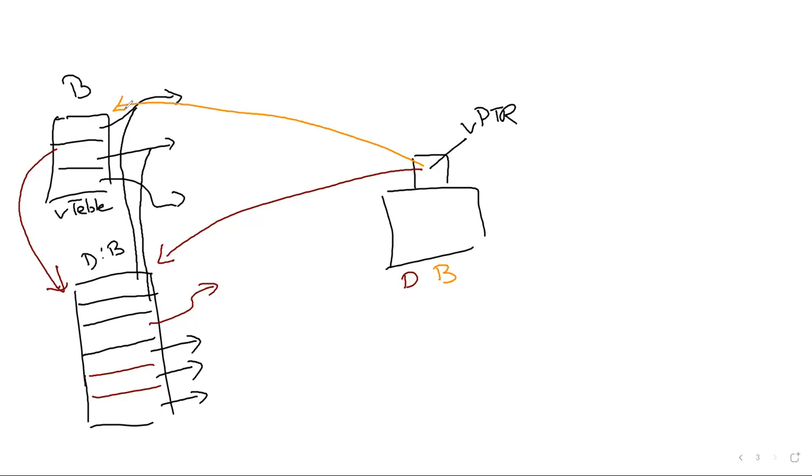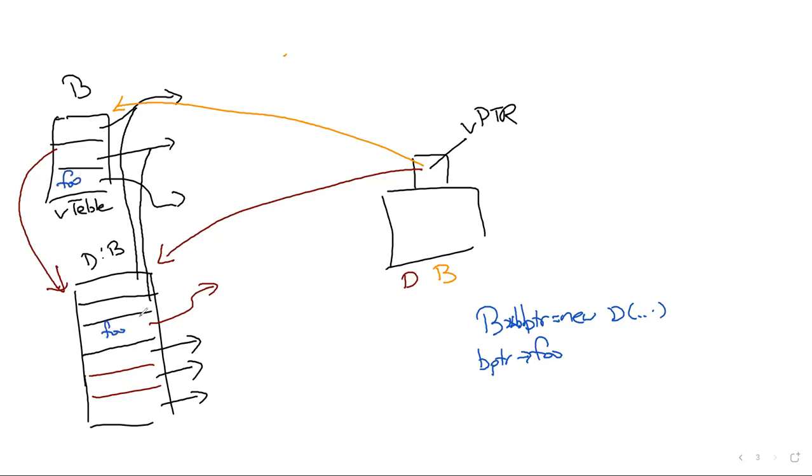Now, when we have a function that's polymorphic in nature, for example, if I write B star vPtr equal to new D, and then I write vPtr should run some function foo, and let's assume for a second that function foo is this guy.